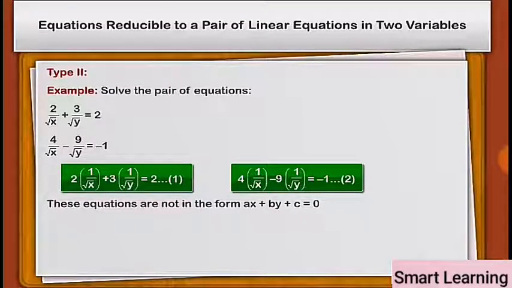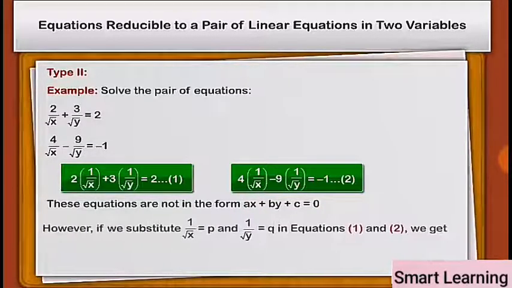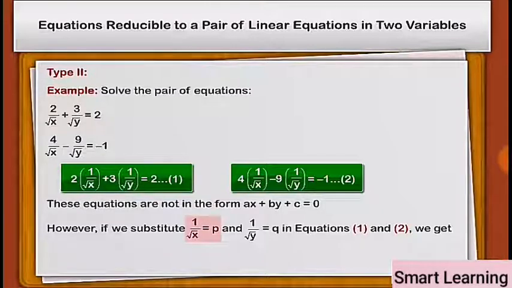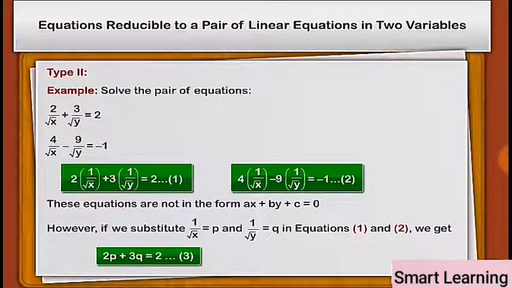These equations are not in the form ax plus by plus c is equal to 0. However, if we substitute 1 upon under root x equal to p and 1 upon under root y equal to q in equations 1 and 2, we get 2p plus 3q is equal to 2.